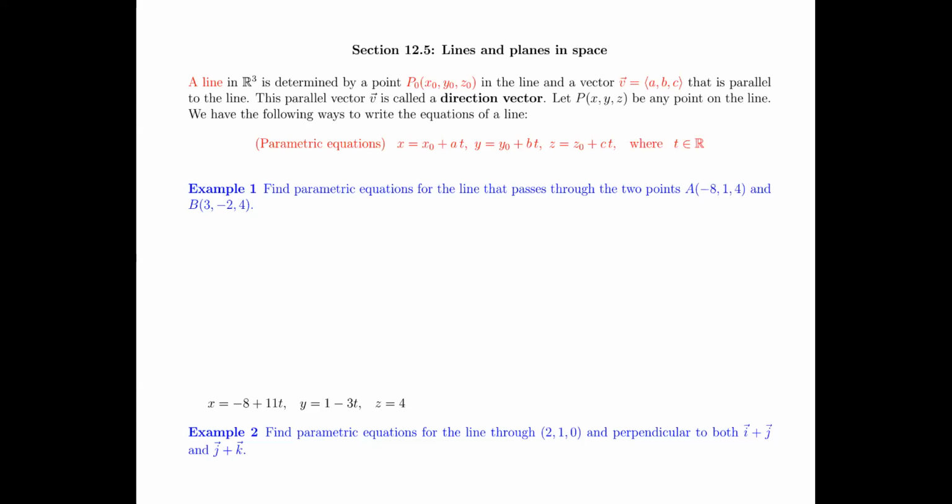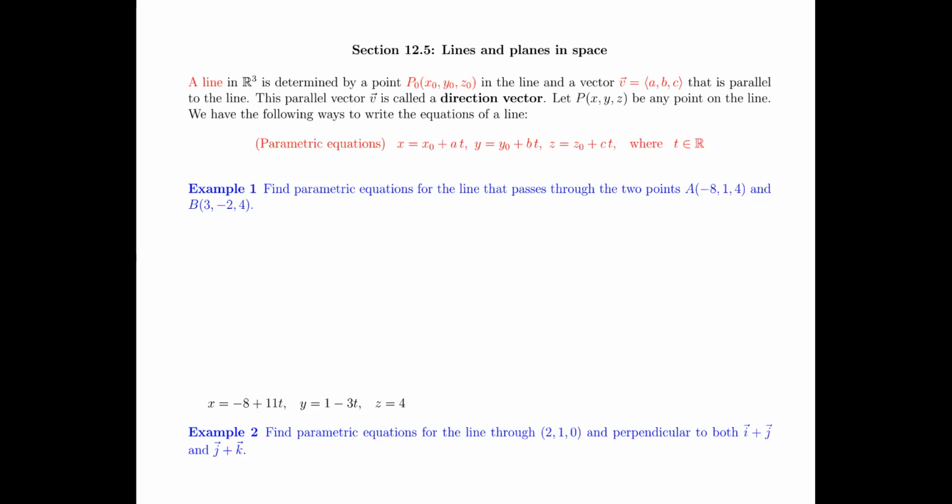And then if we let x, y, and z be any point on the line, we can use what we call parametric equations as a way to write out this line. That is given by x is equal to x0 plus at, y is equal to y0 plus bt, and z is equal to z0 plus ct.